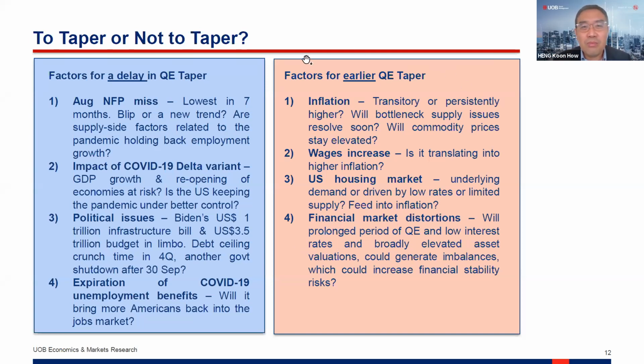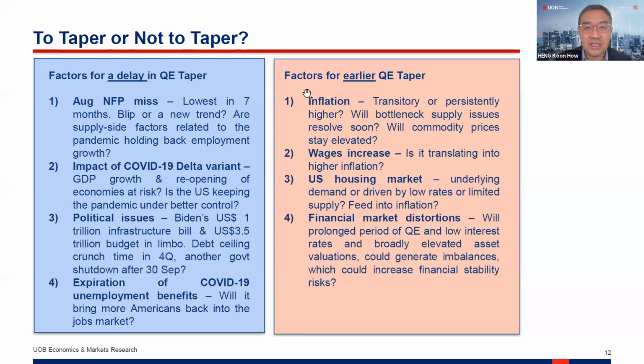Now, on the positive side, meaning those factors that will encourage the Fed to taper earlier, and of course have a consequence on the currency market, are things like what we talked about earlier: inflation running amok, wage rises, a tight job market, a record high US housing market, and of course that $4.5 trillion of liquidity that the Fed has pumped into the financial markets.